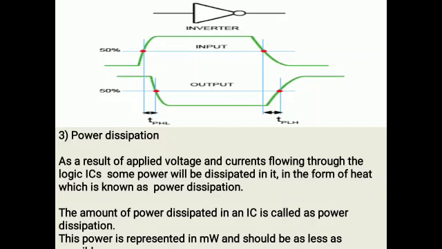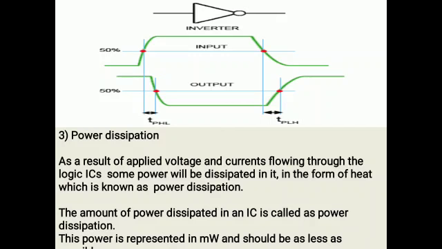There is some time, denoted by TPHL. P means propagation delay and HL means the output is changing from high to low state. This time is measured from the 50% point of the input change to the 50% point of the output change.